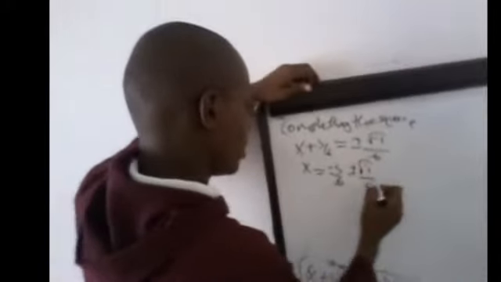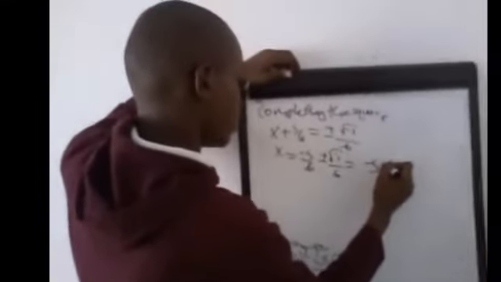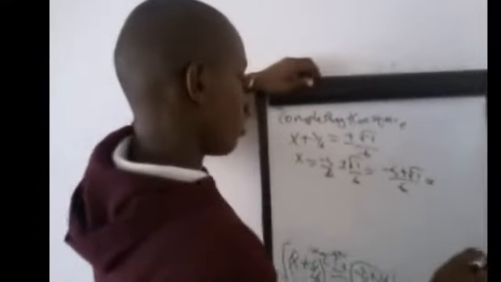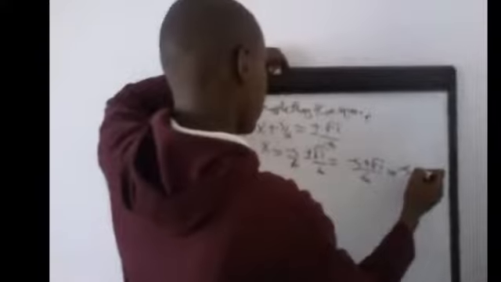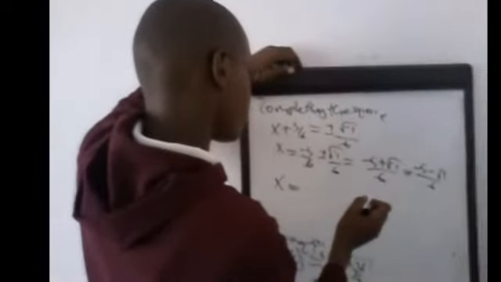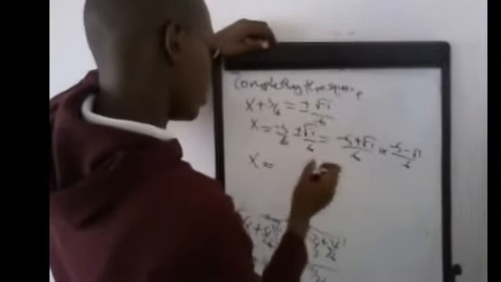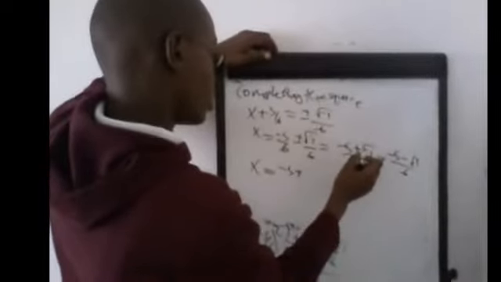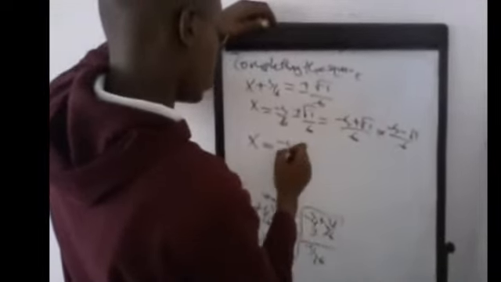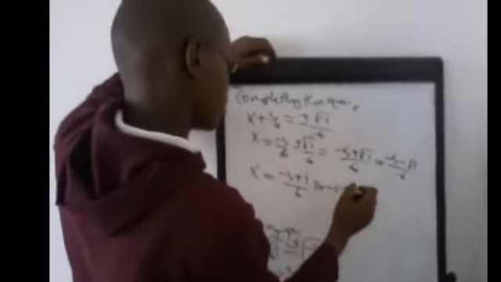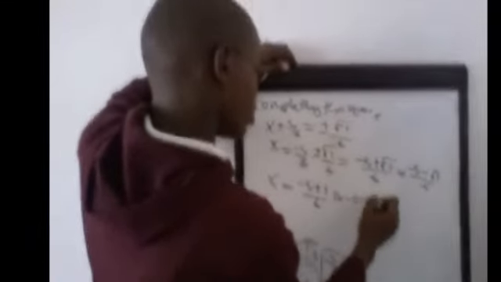The common factor here is 6, so it will be negative 5 plus 1 over 6, or negative 5 minus 1 over 6.